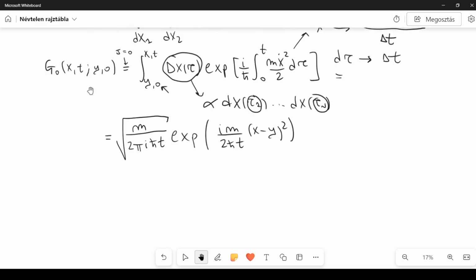So for now, this is just mathematics, but this constant, this proper normalization, tells us that this Green function, the Green function of order 0, satisfies the following equation.